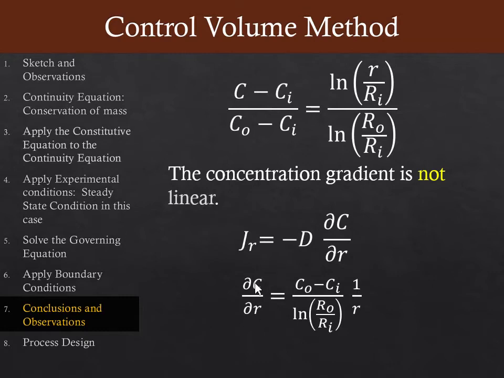And so the first thing we can see right away is that the dc/dr term is dependent upon the radius. So as we move out in radius, this term changes. It's no longer a constant like it was in the rectangular system, right? This goes into here. That means our flux is no longer constant. In the rectangular case, the flux was everywhere constant, okay? It's no longer constant. So what is constant in the steady state case?